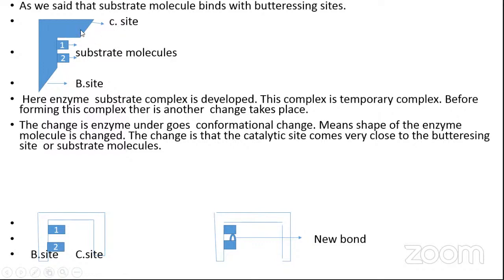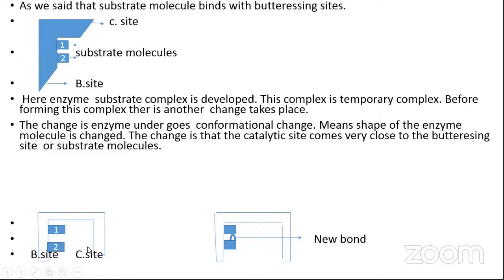In what way do they react? The catalytic site gradually bends towards the substrate molecules, like this in this diagram. See here, these are the substrate molecules and this enzyme catalytic site is bending towards them.